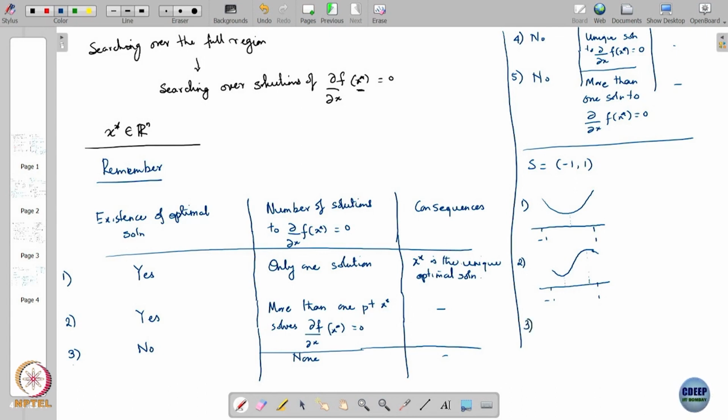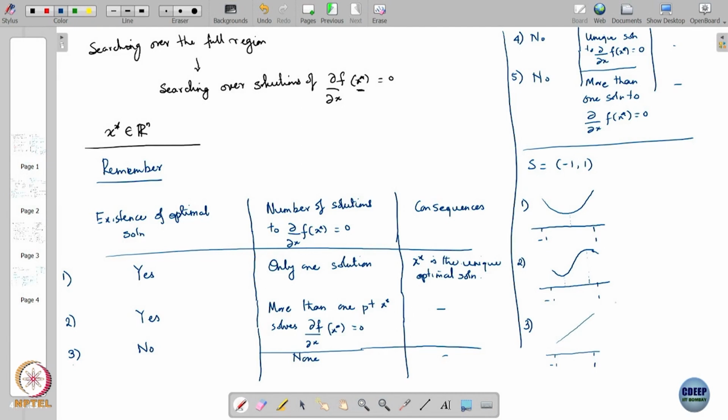What does case 3 look like? No optimal solution and the derivative also does not vanish. I want to keep the domain as -1 to 1, so I just take a line like this.